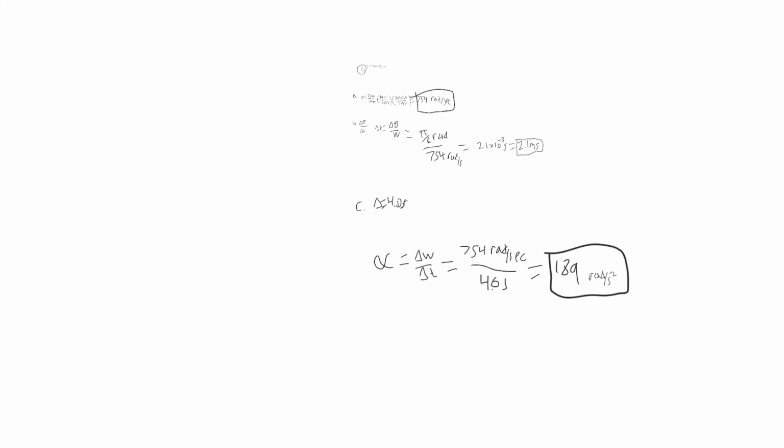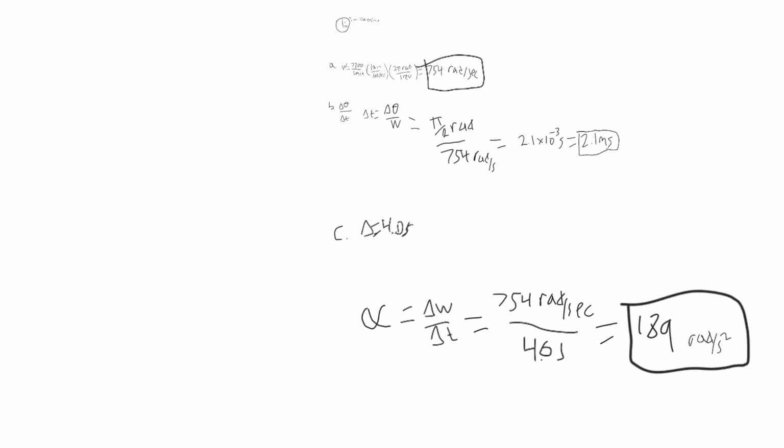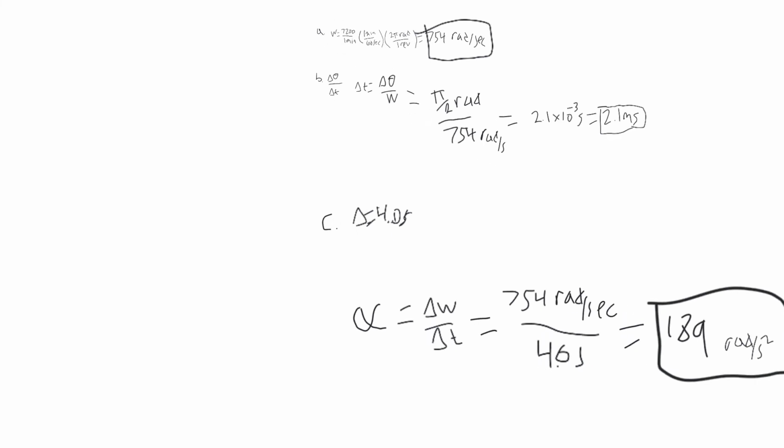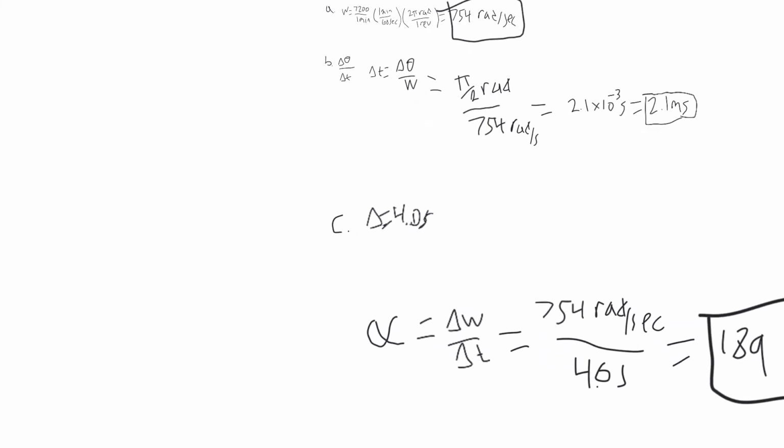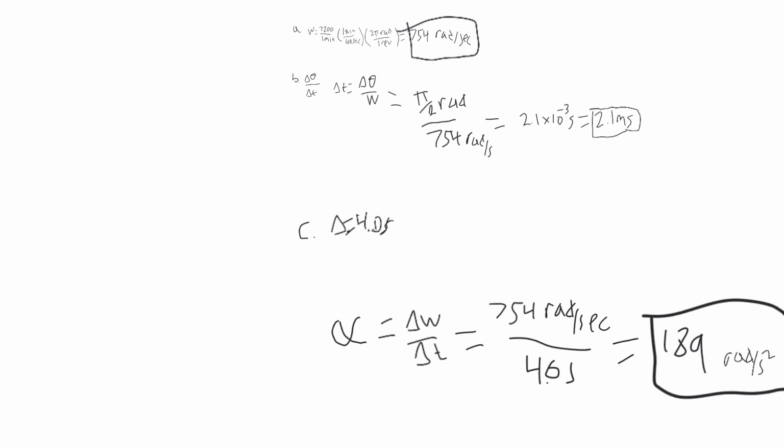Now the third part is asking for the acceleration. It asks, if it starts from rest and reaches full speed in 4 seconds, what is the average angular acceleration? So we know that the change in time is 4 seconds, from rest to full speed, and it's asking us for the angular acceleration.